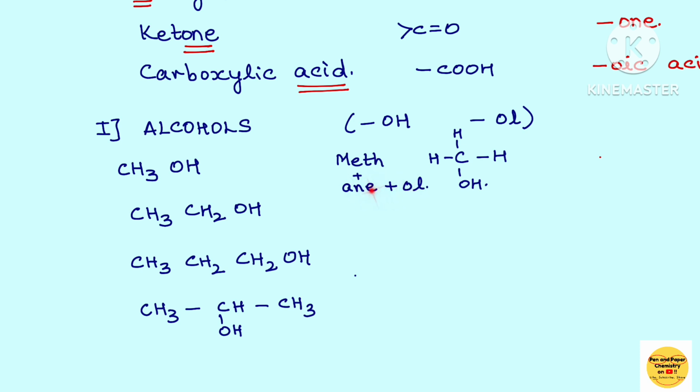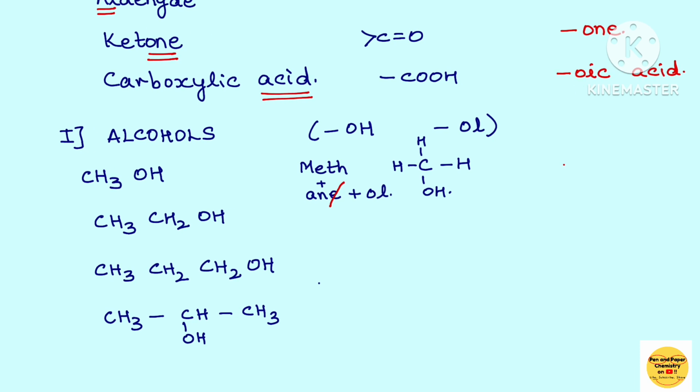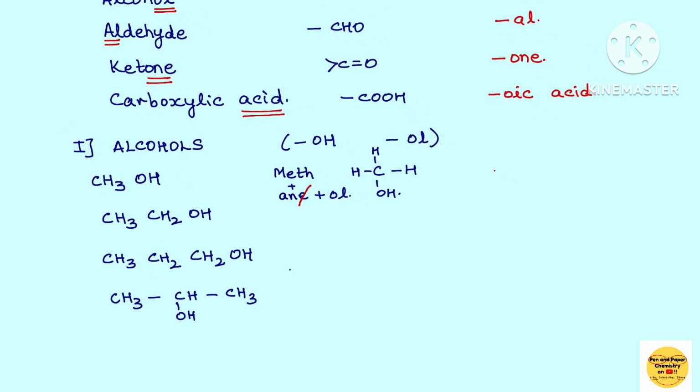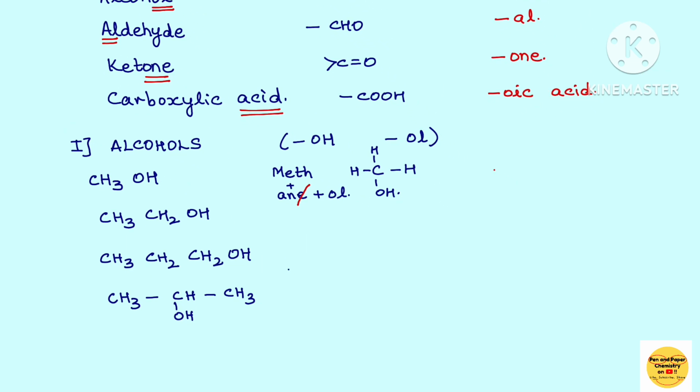So E and O next to each other. So what we do is we get rid of the vowel at the end of the primary suffix. Basically, what we are going to do is we are going to strike off the E from here. With the result, I get the name of this compound as methanol.